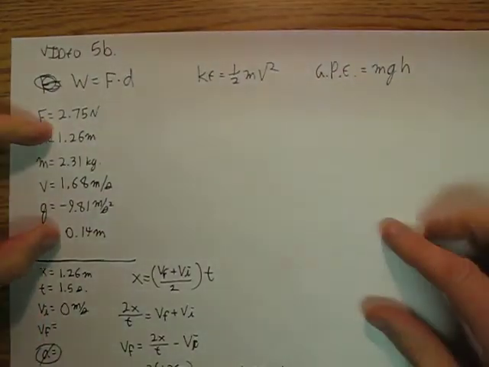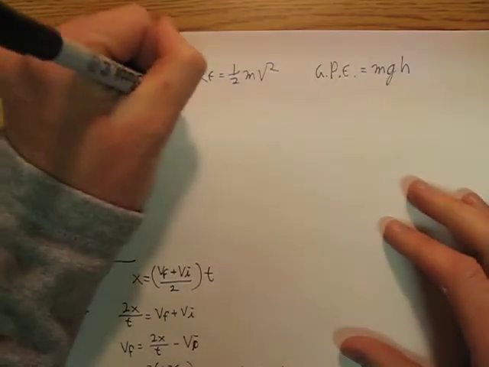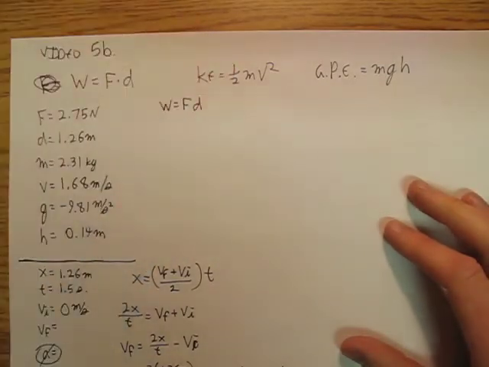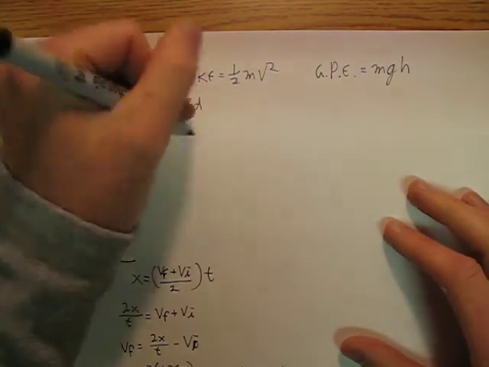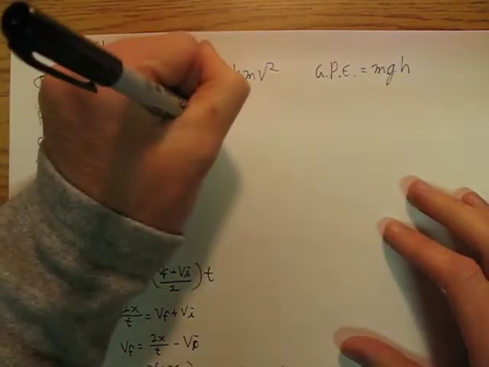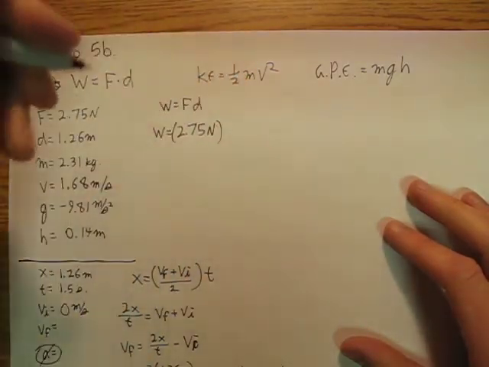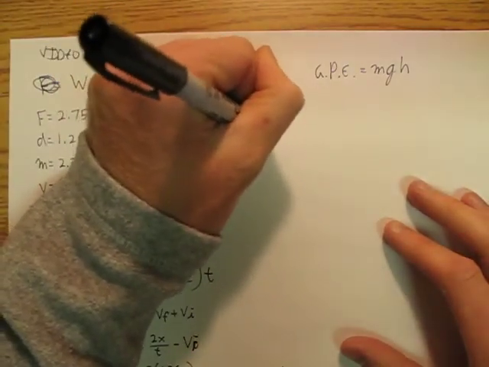Okay, so let's start plugging these values into these equations and see what happens. Let's do work equals force times distance. And so my work is going to be 2.75 newtons times 1.26 meters.